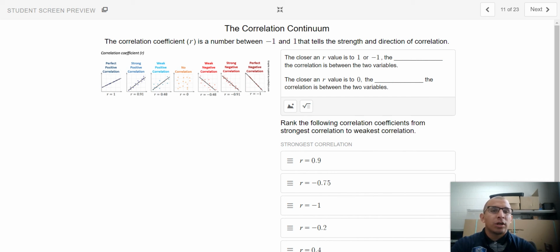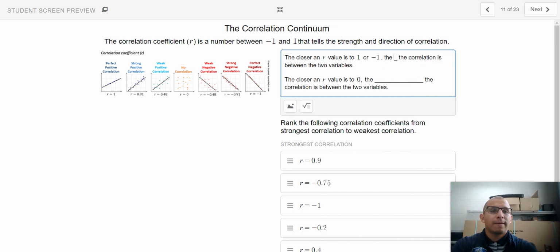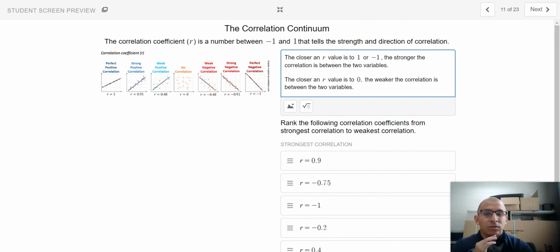So the closer an R value is to 1 or -1, the stronger the correlation is between the two variables. And the closer an R value is to 0, the weaker the correlation is between two values.